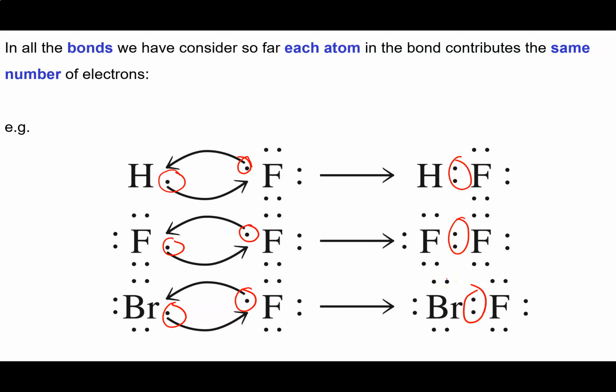Okay, so let's have a look at this. First of all, if we are going to get a coordinate covalent bond, we need to have at least 2 octet vacancies. We've got to be able to accept up to another 2 electrons. So here's an example.